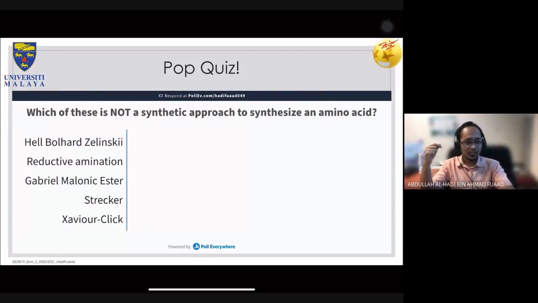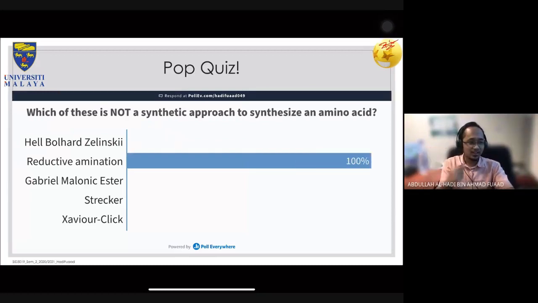So which of these is not a synthetic approach to synthesize an amino acid? Okay, so you have Hell-Volhard-Zelinsky, reductive amination, Gabriel malonic ester, Strecker synthesis, and Xavier Click synthesis. So which one do you think is not a synthetic approach to synthesize an amino acid?